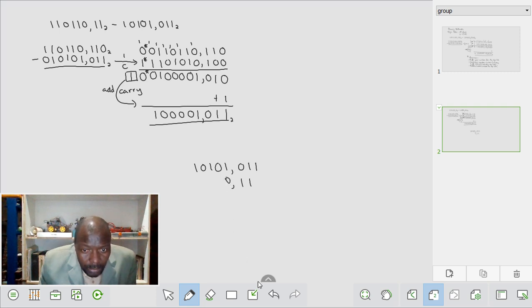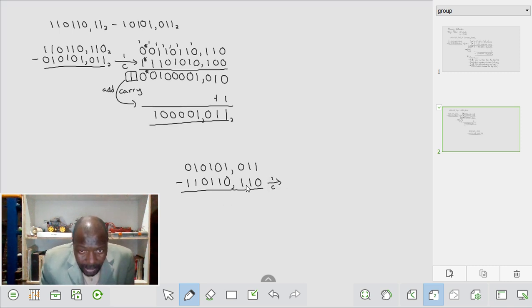First things first, balance up the numbers of digits. This is the negative number. We are going to complement the negative number.